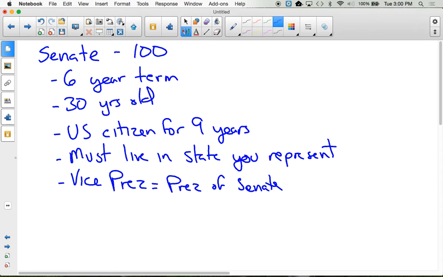So if the Senate goes 50-50 in two weeks, and Hillary Clinton wins, in theory the Democrats would control the Senate because Tim Kaine would be the vice president, and he would cast the deciding vote in the case of a tie. Same if Trump and the Republicans win, then Pence would be that tiebreaker.